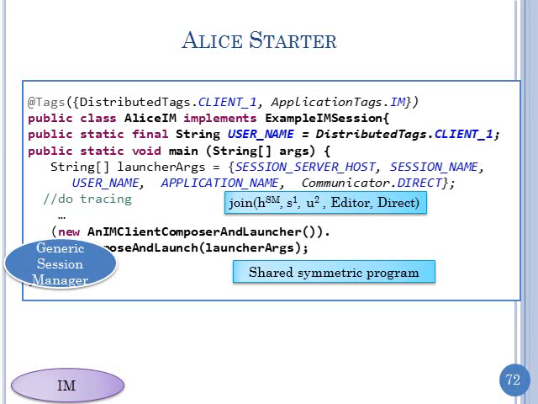So let's look at session server host. Anybody here has written a distributed program in their life before? This is going to be a great learning experience for you guys. How do you think I would specify a server host? I mean, what do you think? How does one specify the host?